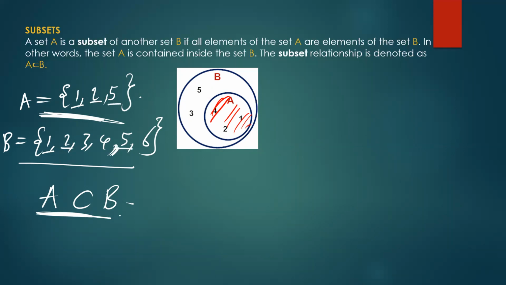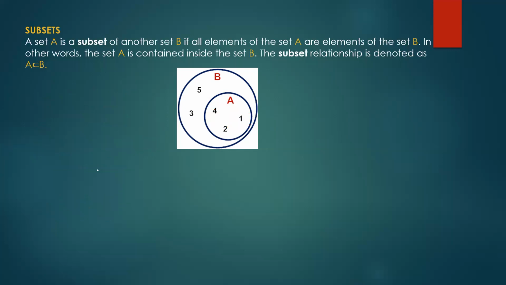So set A is a subset of set B, because all the elements that are in A are present in B.